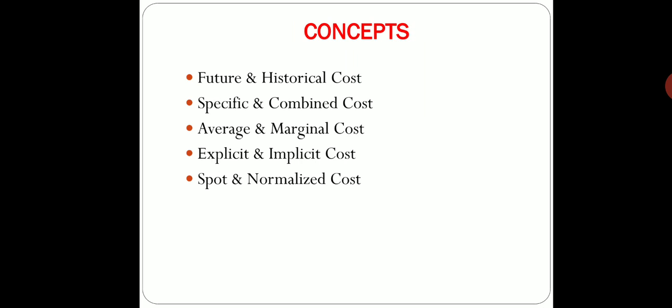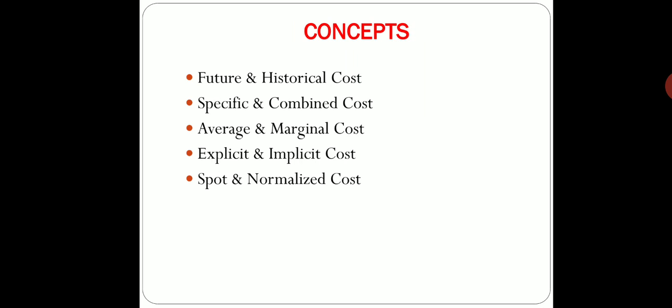And then the combined cost. Combined cost means the overall cost of capital that includes each and every source through which the company is going to raise the capital. Cost of capital is an example of combined cost, while cost of equity is an example of specific cost.